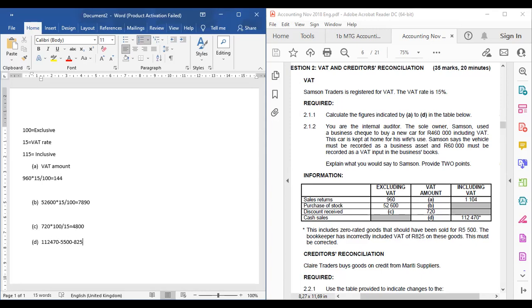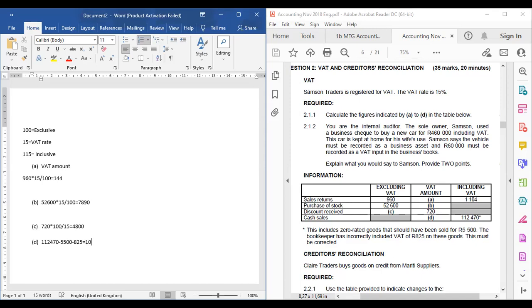Because it's zero rated, that would have been the amount excluding VAT, since zero-rated supplies are charged at 0%. And now we're told there was VAT incorrectly included of 825. So we subtract that as well: 112,470 minus 5,500 minus 825.